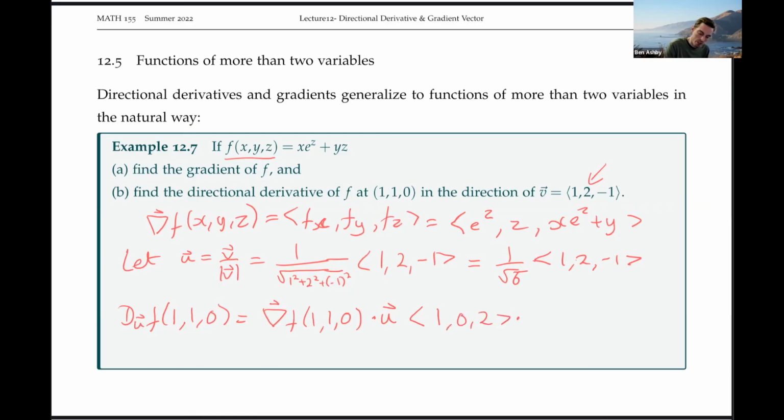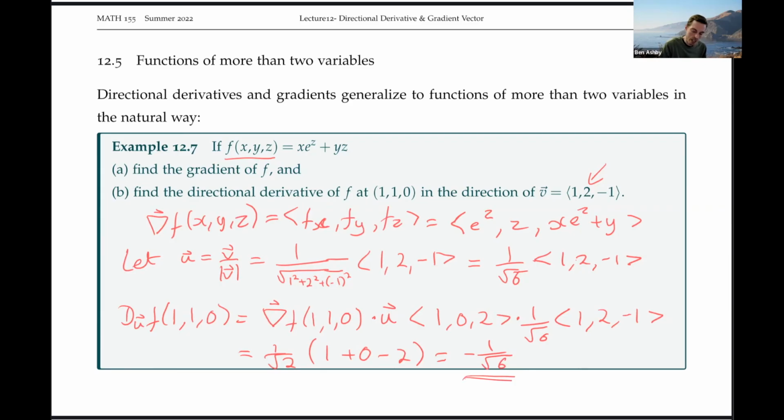We're dotting this with u, so 1 over root 6 times (1, 2, -1). So we end up with 1 over root 6 times 1 plus 0 minus 2, doing our dot product, and this simplifies to minus 1 over root 6.